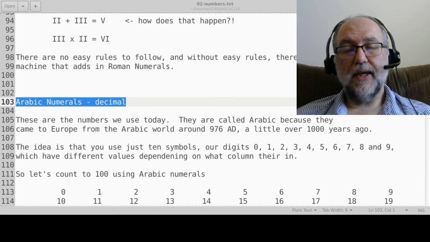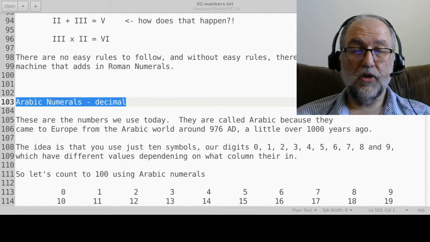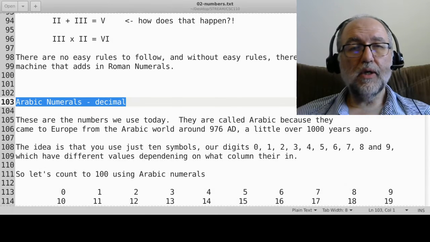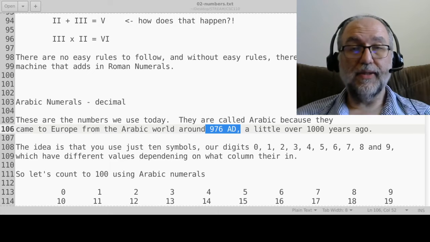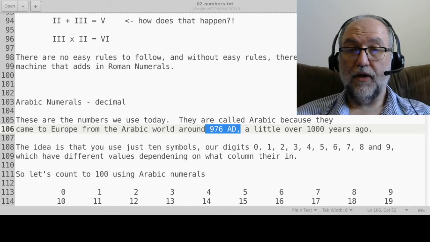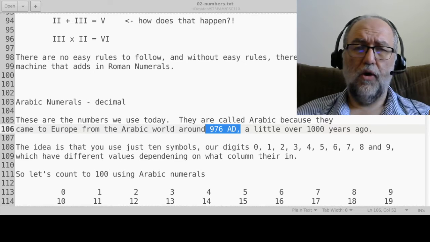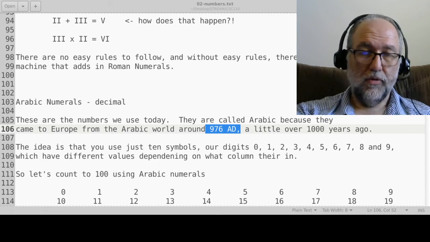We tend to say decimal system, but they are technically Arabic numerals because they came into Europe from the Muslim world around 960 AD, probably before that, but there is a manuscript from 960 AD, over 1,000 years ago, that actually used Arabic numerals. And once Europeans understood Arabic numerals, they go, well, this is so much better than Roman numerals. That was it for Roman numerals.